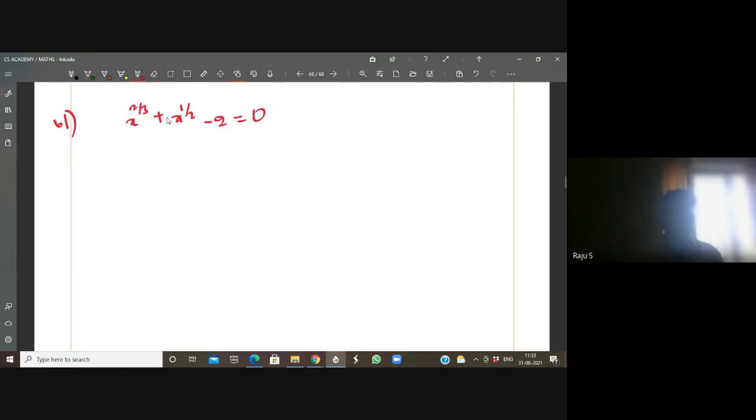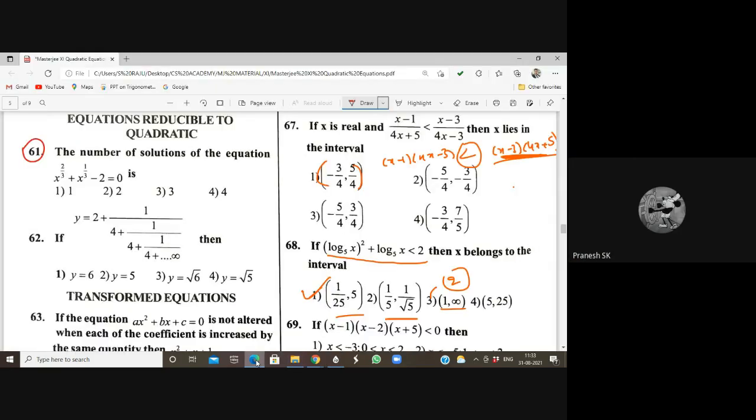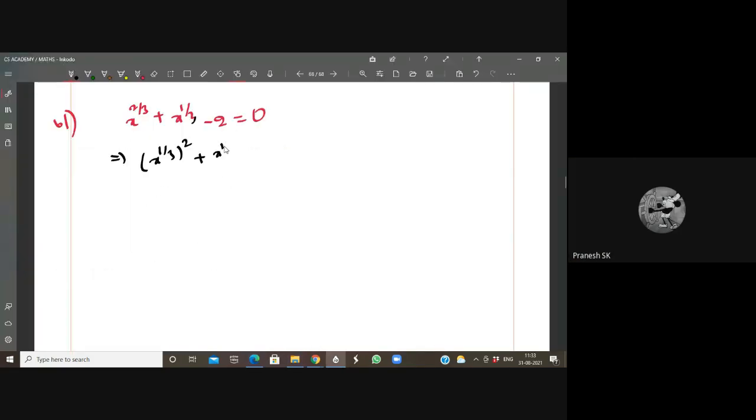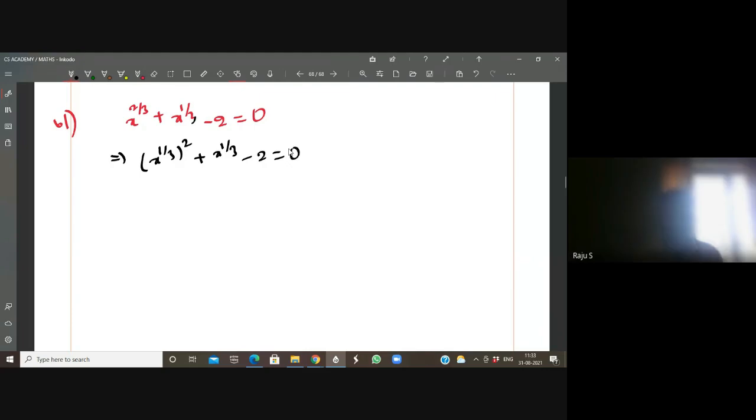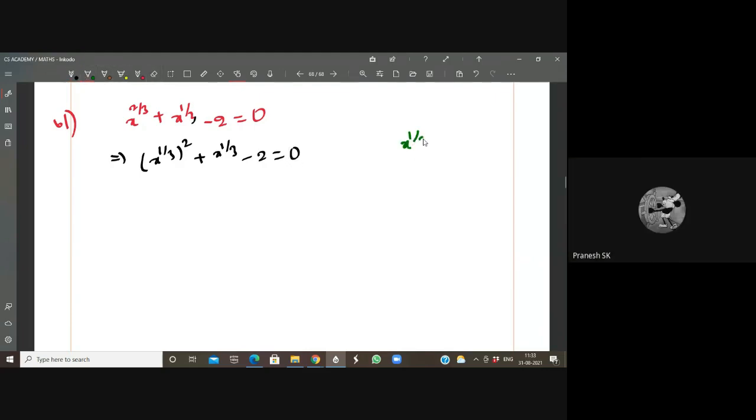Shall I write this equation like this: x to the power of 1 by 3, whole square, plus x to the power of 1 by 3, minus 2 is equal to 0. Now you can replace x to the power of 1 by 3 with y. Got it?